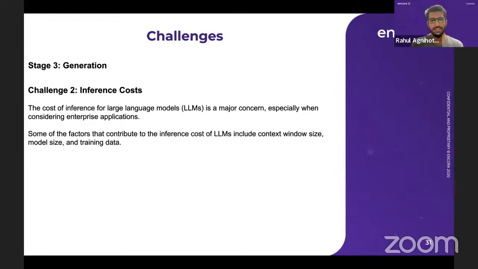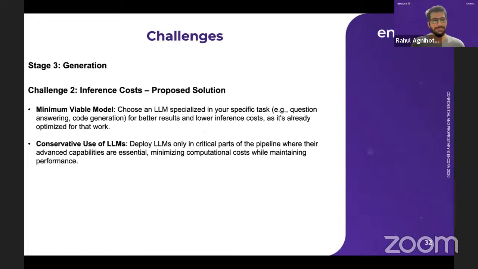So you need to think about what the cost of the LLM is going to be while you design the pipeline. You will not always go ahead with the best model, but the model which is suitable for your application, works the best, and where the inference cost is not that much. So you select a minimum viable model, which means it does the job, but at the best cost.